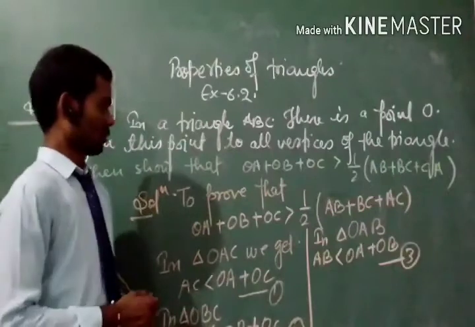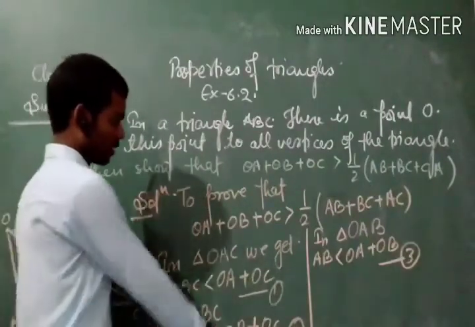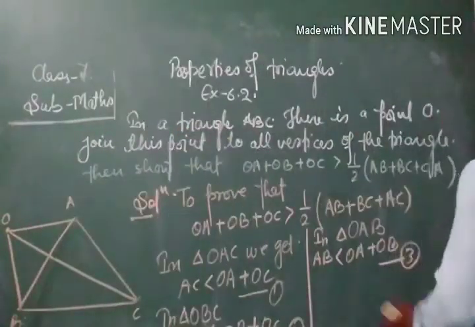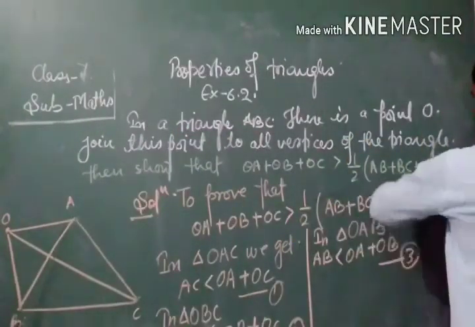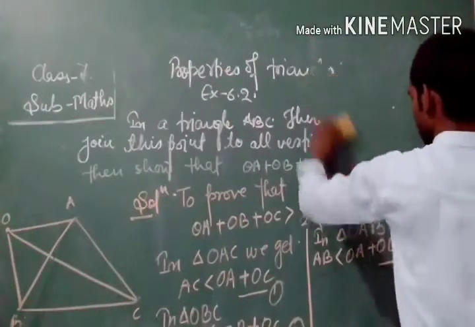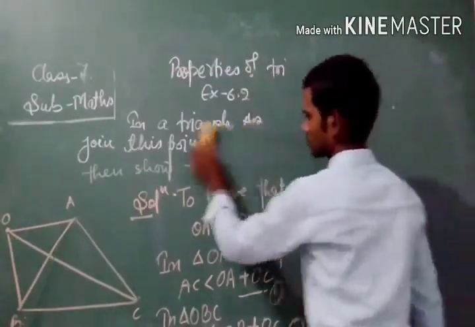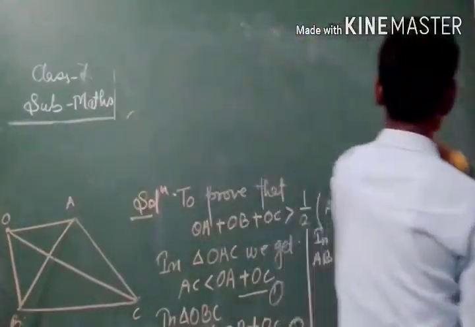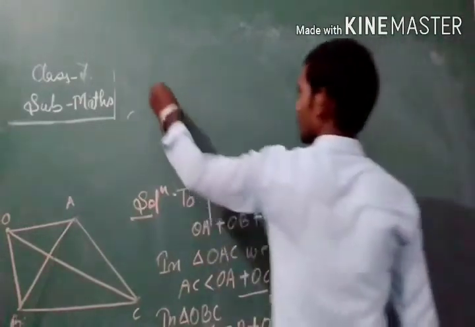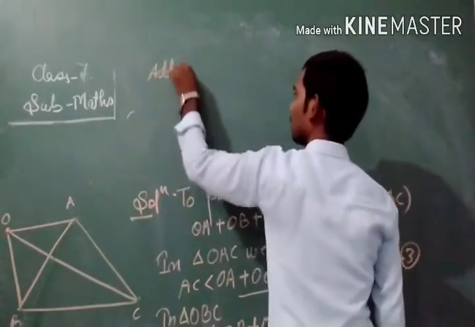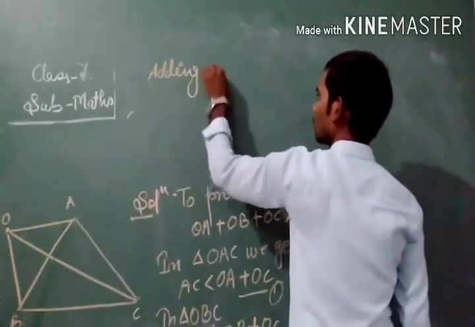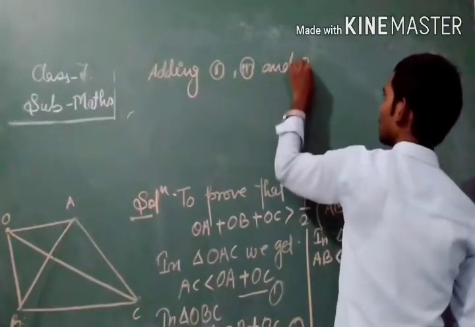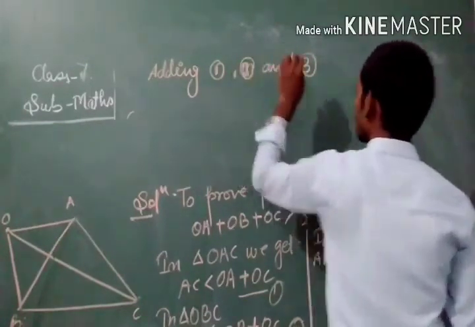In order to find our result, we have to add these three conditions. So we write, adding 1, 2, and 3.